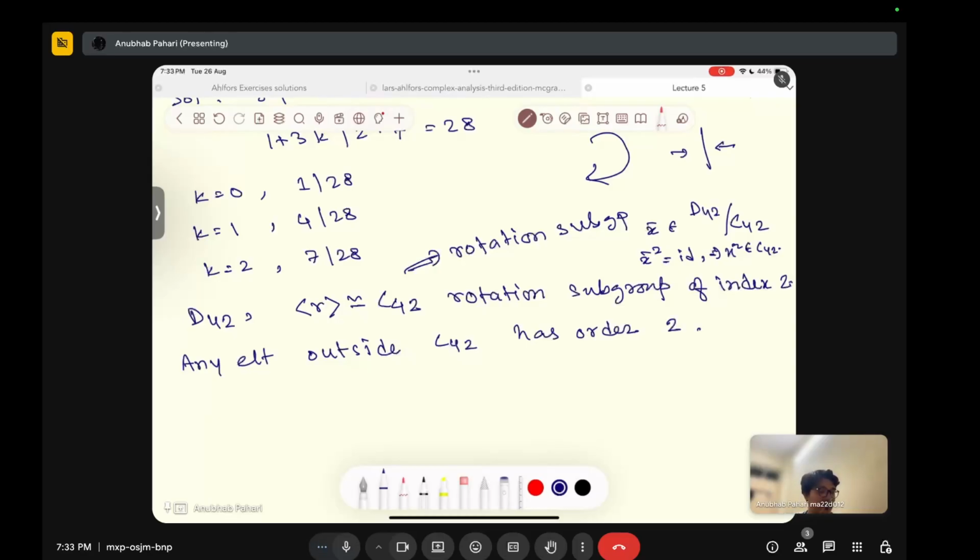Is this clear? Sir, explain that last line.